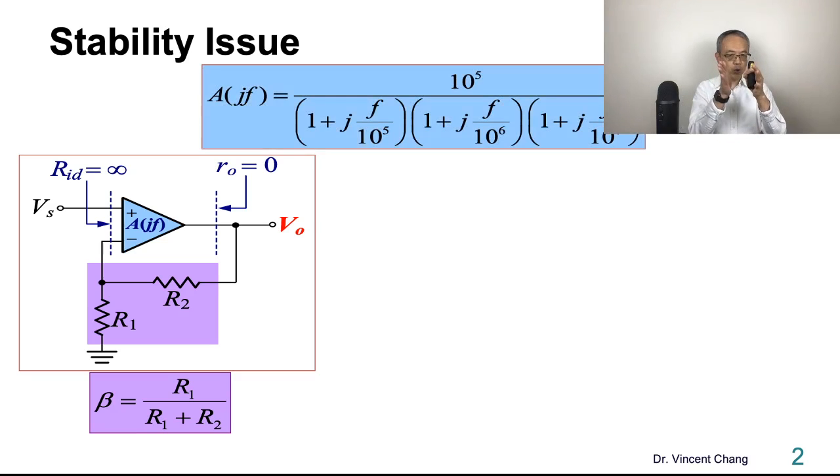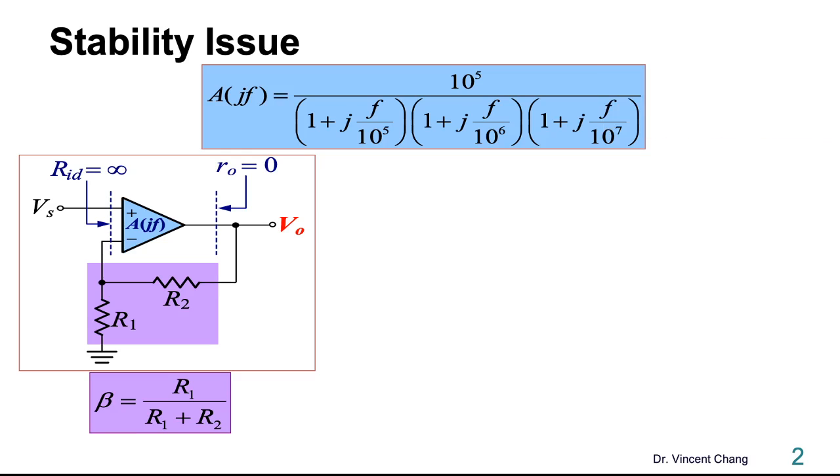It's a 3-pole transfer function, with 100 decibels DC gain, and the 3 poles located at 100 kilohertz, 1 megahertz, and 10 megahertz.